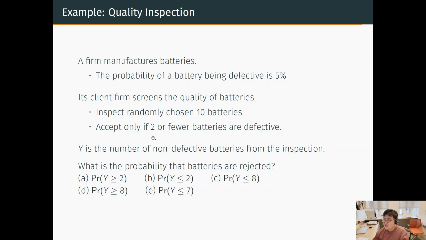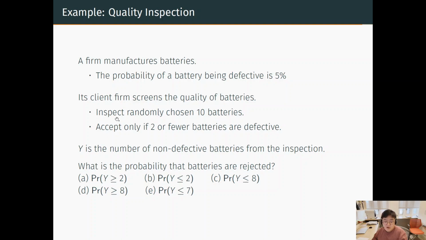So first, the batteries are accepted only when 2 or fewer batteries are defective. In other words, by the way, we are counting non-defective batteries.